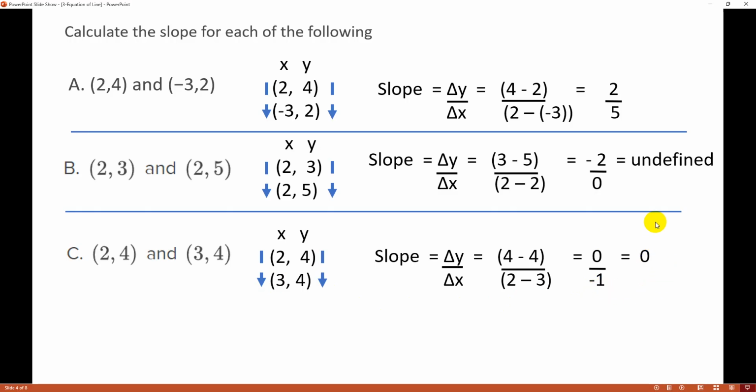So very different from the previous one. When the denominator is 0, we get an undefined. But when the numerator is 0 and the denominator is any other number, then we get 0. Okay? Now, these are three different examples that will show three different types of slopes.